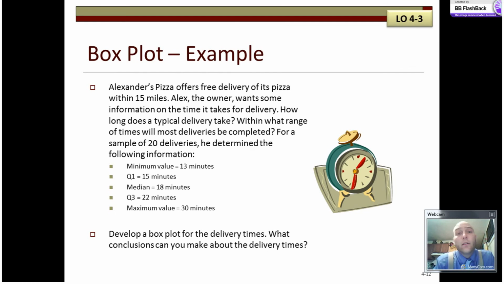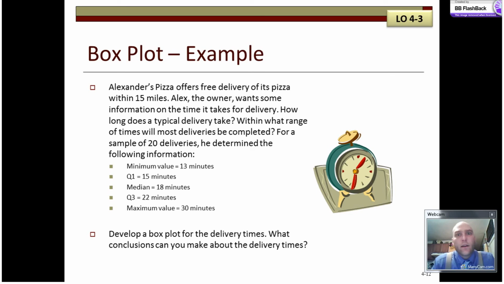Alex, the owner, aptly named, wants some information on the time it takes for delivery. How long does a typical delivery take? Within what range of times will most deliveries be completed? For a sample of 20 deliveries, he determined the following information: the minimum, Q1, the median, Q3, and the maximum.